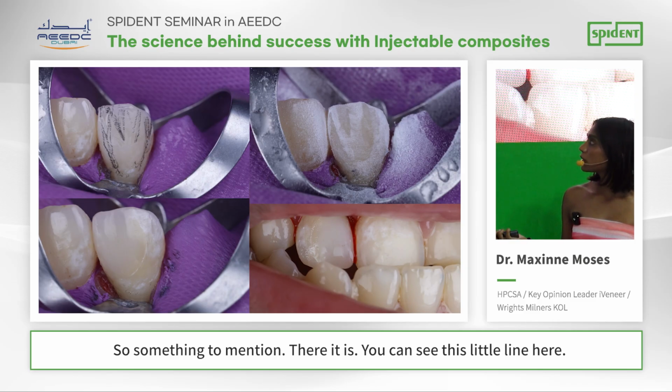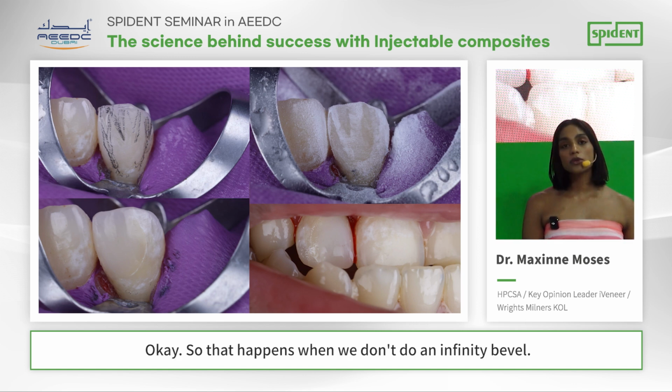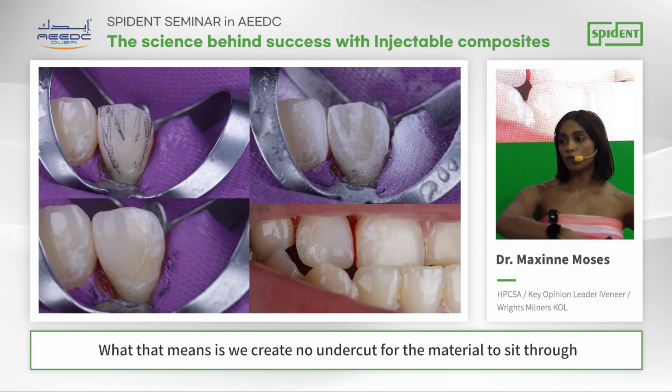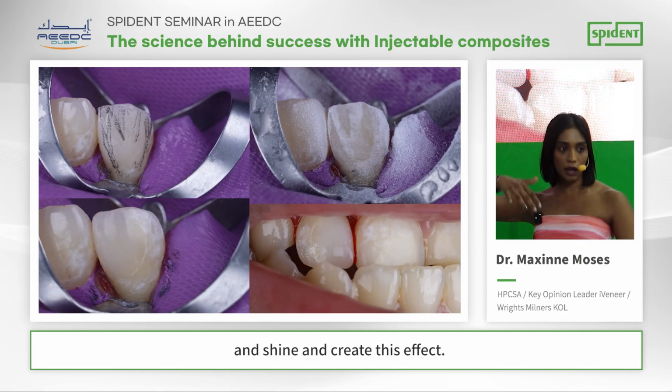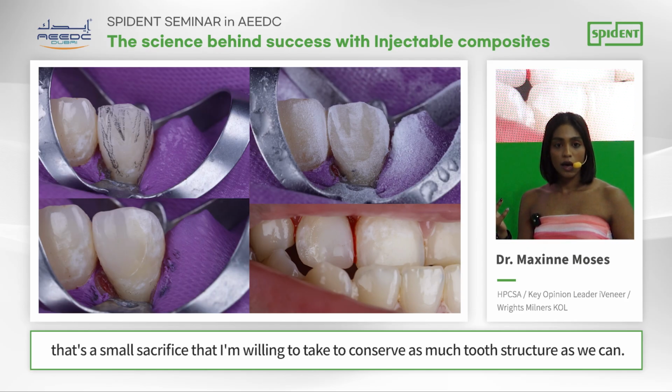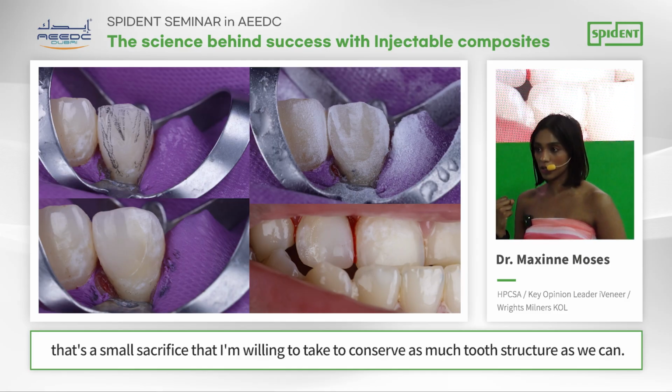Something to mention, you can see this little line here. That happens when we don't do an infinity bevel. What that means is we create no undercut for the material to sit through and shine and create this effect. But in a scenario where I have minimal tooth structure, that's a small sacrifice that I'm willing to take to conserve as much tooth structure as we can.